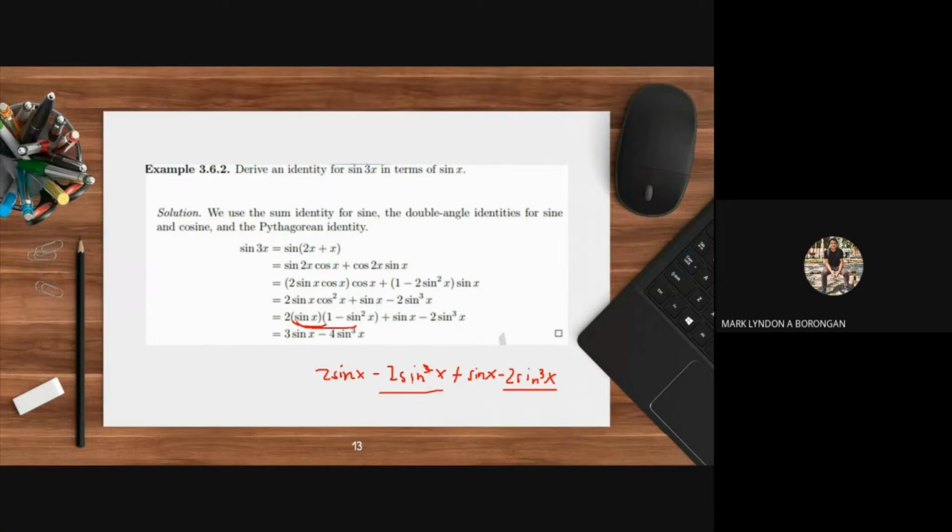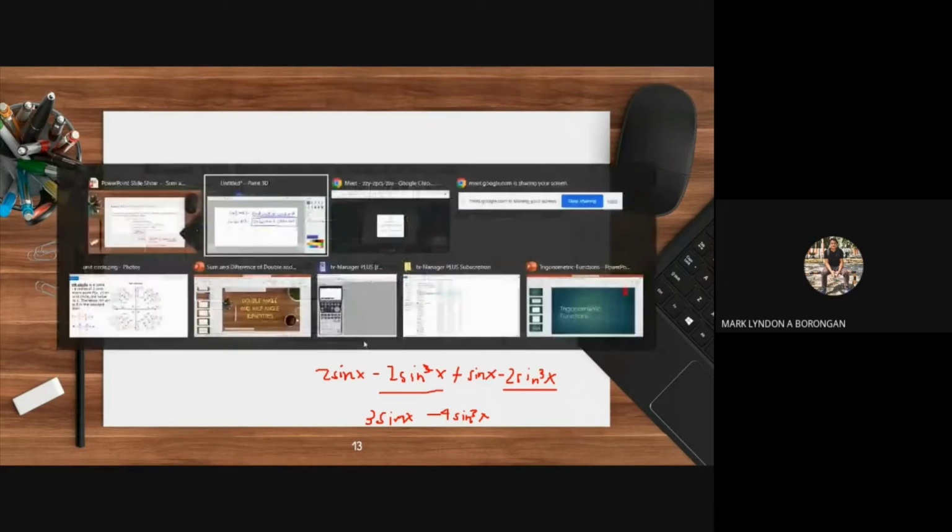Negative 2 minus negative 2, you'll get negative 4 sine cube of x. And then 2 sine x plus sine x, you'll get positive 3 sine x. That's how we got our final answer. So let's proceed.